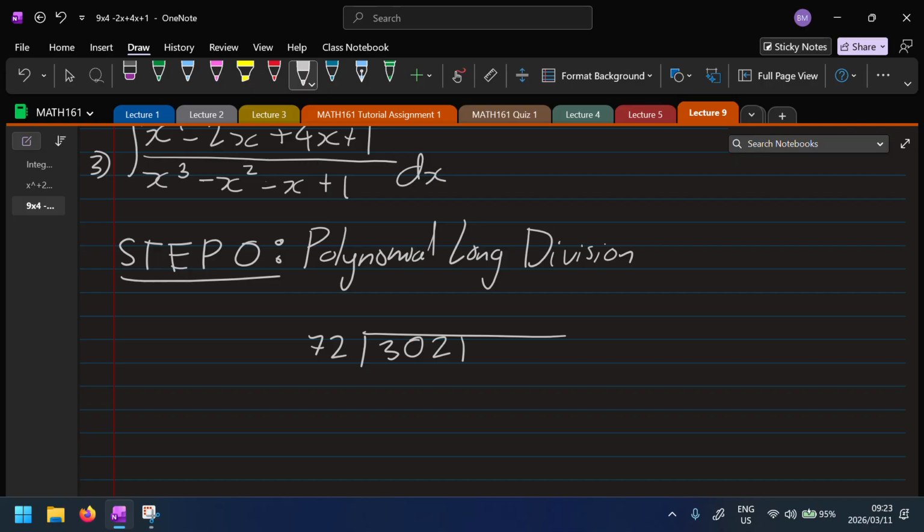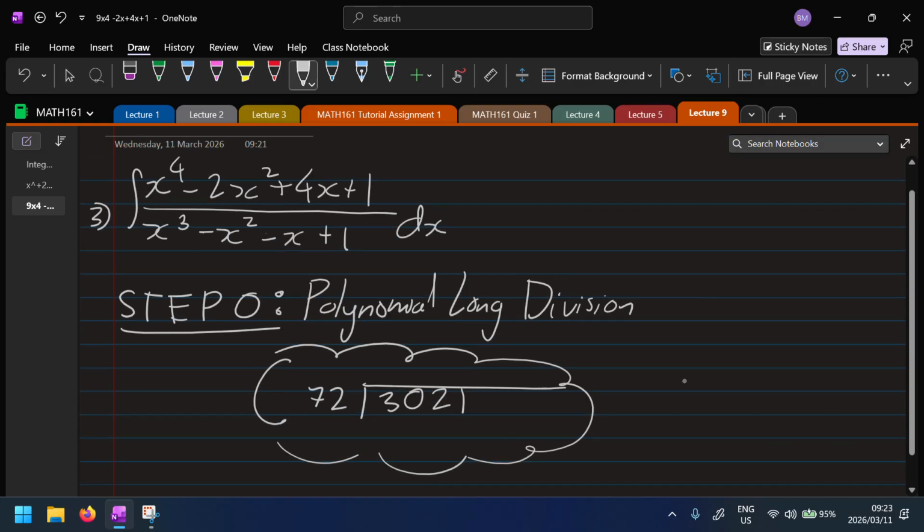How many times does 72 go into 30? You put the number, right? You remember that thing. We're going to do exactly the same thing. I'm going to say it exactly like your teacher said it, but instead of numbers, it's now polynomials. The idea is exactly the same. The setting is exactly the same.